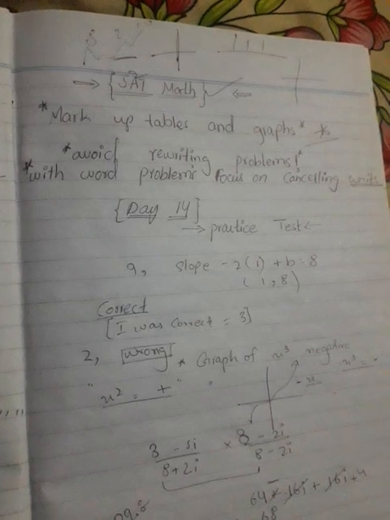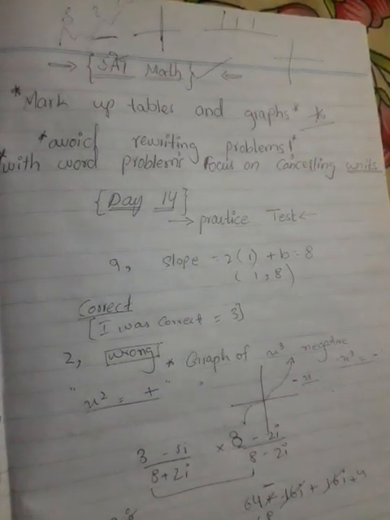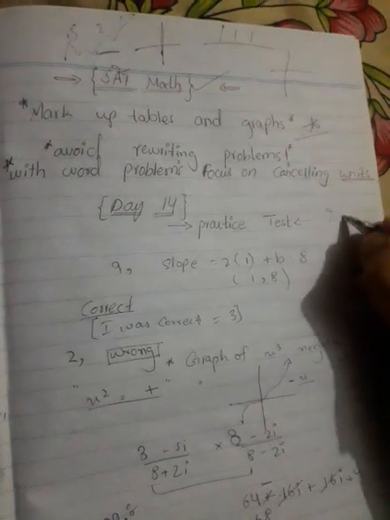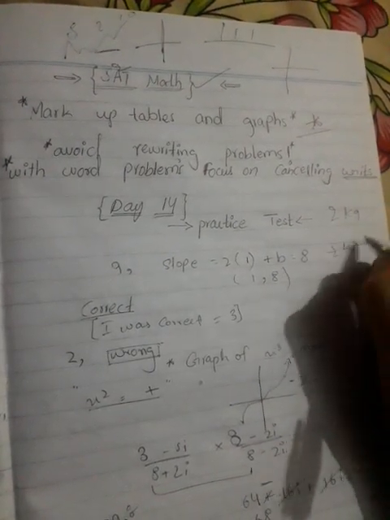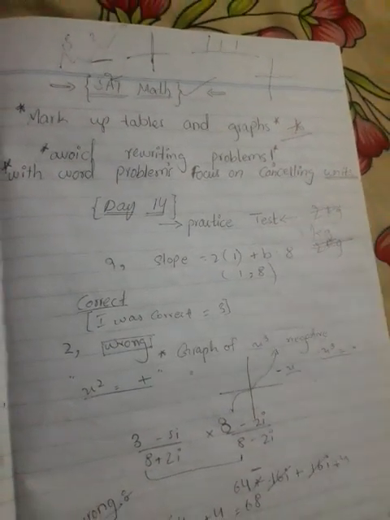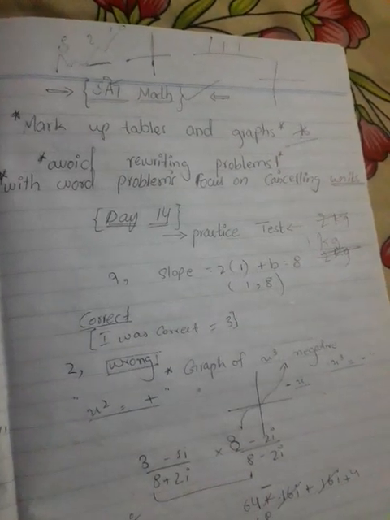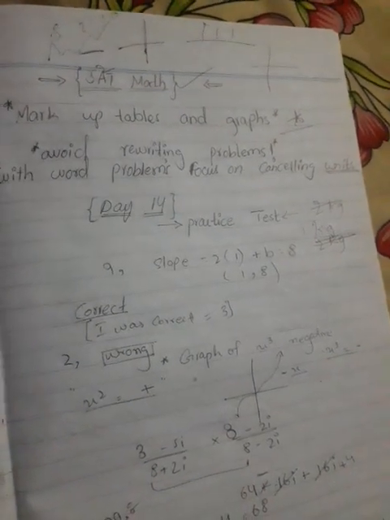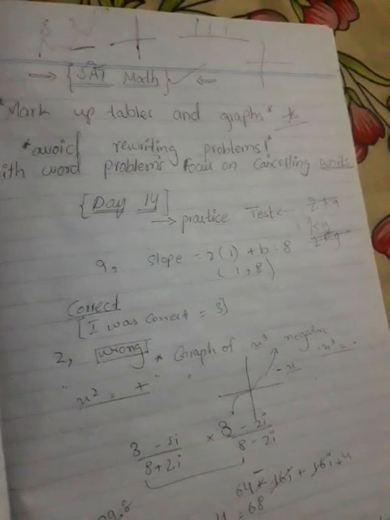The third tip would be, with word problems, focus on cancelling units, such as if I am having kg and another kg, cancelling them out, we have our answer. This was just an example, by the way. You can simply cancel out the units in the equation. If you are good at mental math, you can simply do the equation in your head and solve it.